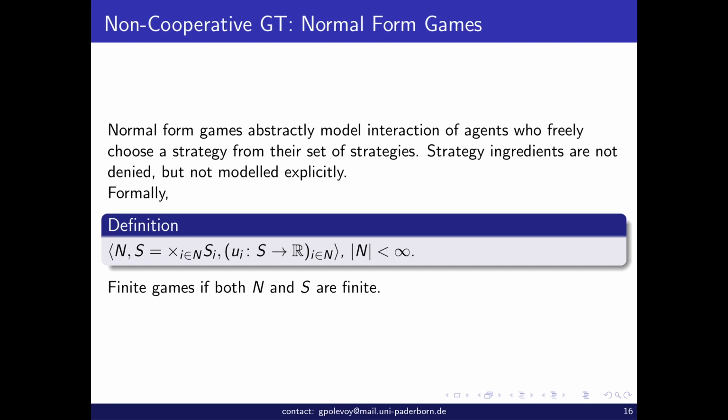But now we are in the normal form. So you may choose any strategy from your set of strategies, and that strategy is completely independent of what the others do. The question is what you would get, so you can effectively prevent the player from choosing some strategy by giving a very bad utility in this model, but theoretically you may choose any strategy.